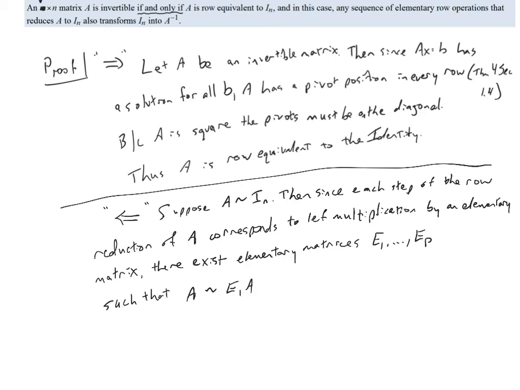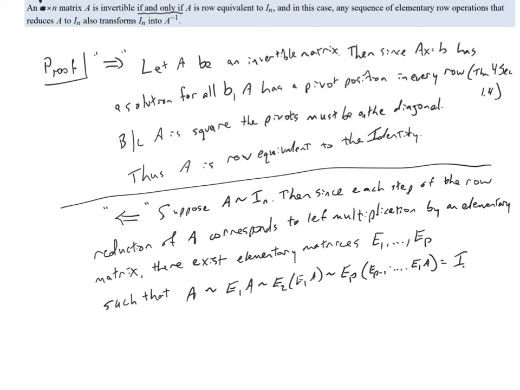So I perform the first row operation or multiply by the first elementary matrix, and that would be row equivalent to E2 times E1 times A. I'm multiplying by all of these elementary matrices, and eventually, when I multiply by the last one, Ep times all the ones that came before it, Ep minus 1 times etc., all the way down to E1 times A, that is equal to the identity.